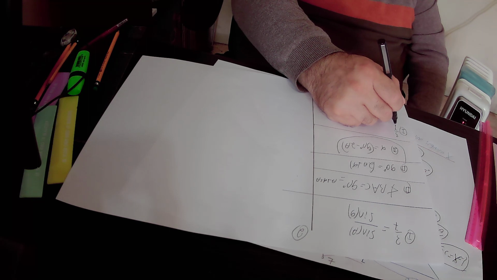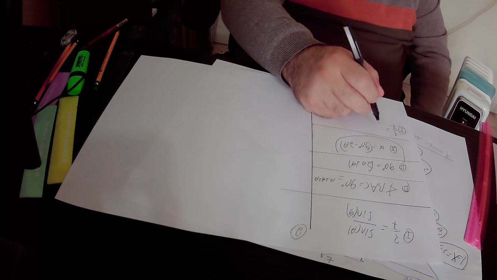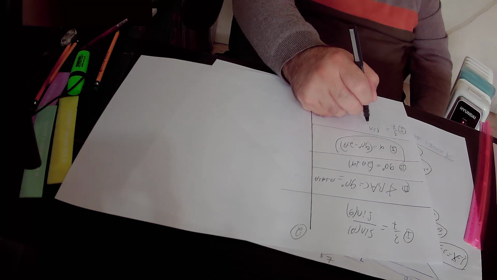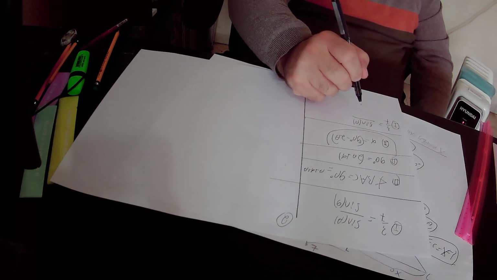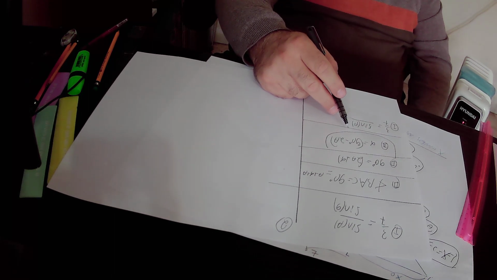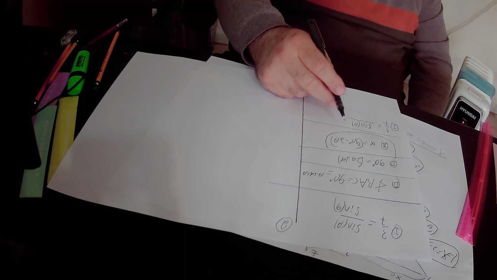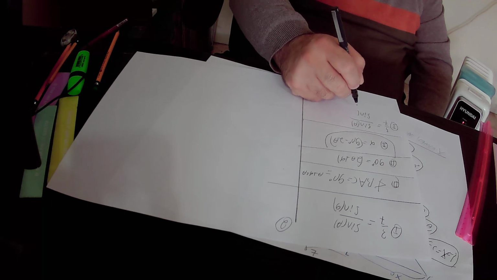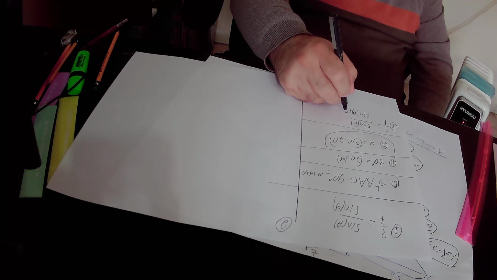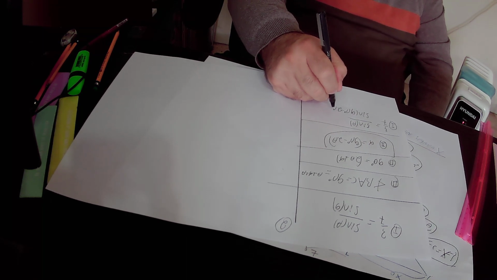3 over 7 equals sine theta over sine alpha, and alpha equals 90 degrees minus 2 theta. So it is sine alpha that equals sine of 90 degrees minus 2 theta.